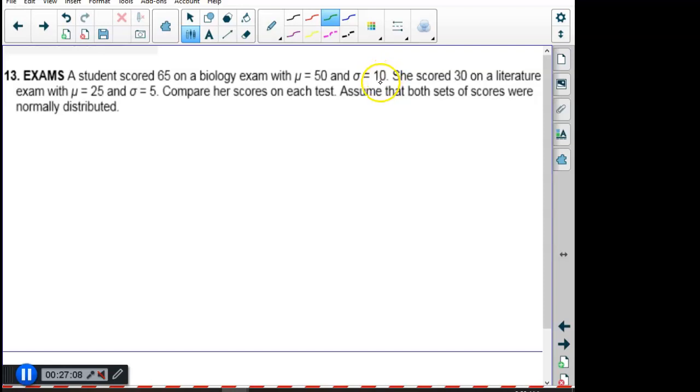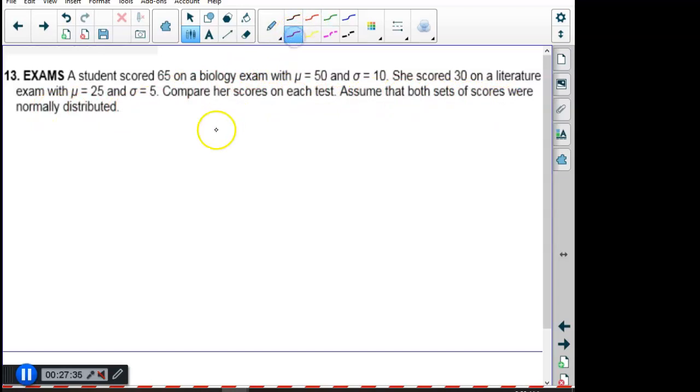Now, you could, in theory, figure out how many students scored below this to find a percentile. She also scored 30 on a literature exam with a mean of 25 and a standard deviation of 5. So you could figure out how many students scored below her. Compare her scores on each test, assume that both are normally distributed.